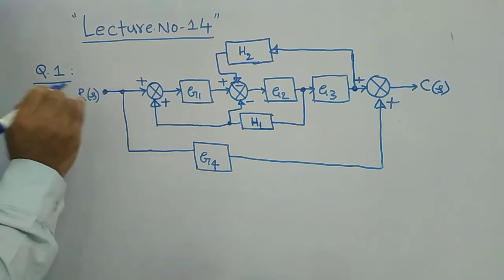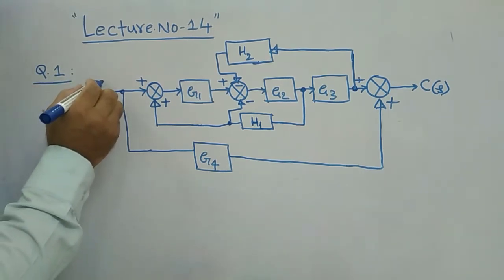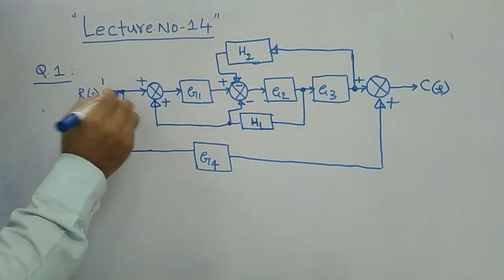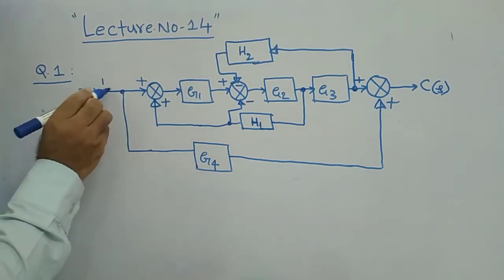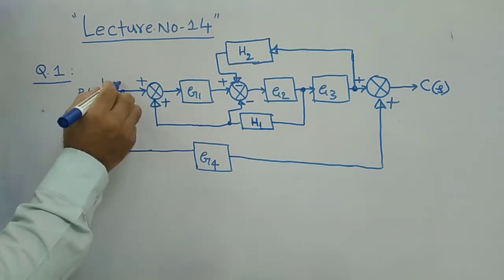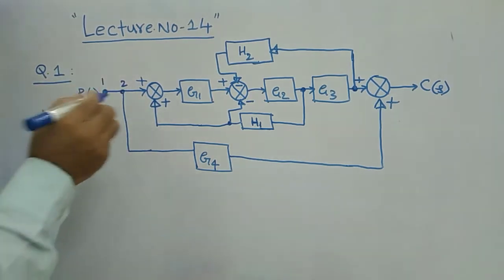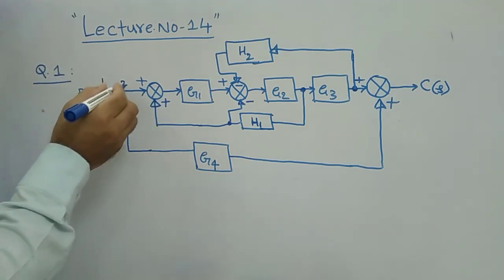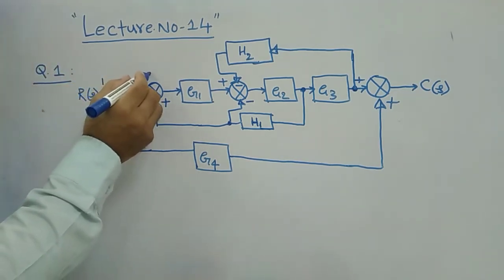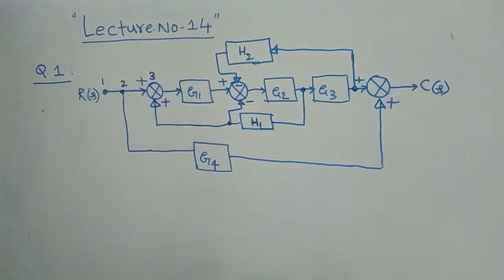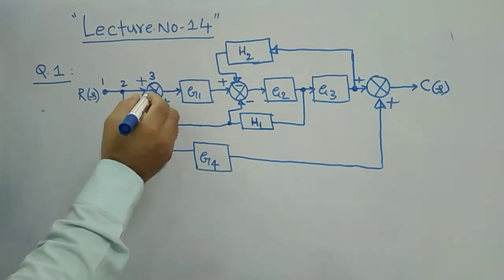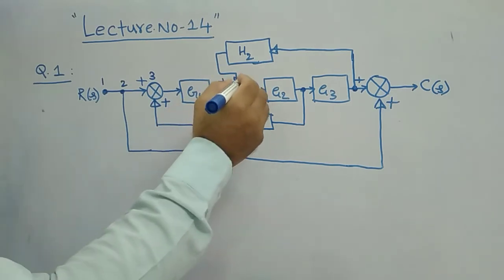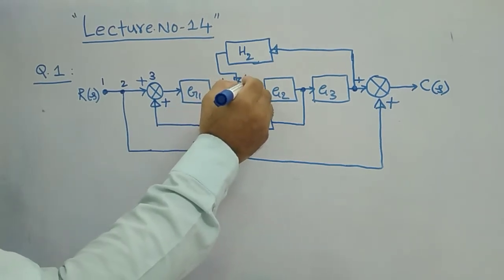Start from the input. You consider R of S as one node, the starting node, that is node number 1. Next, immediately after input R of S, there is a takeoff point, consider that as node 2. After this takeoff point there is a summing point, consider this as the third node. After this summing point, again a summing point is there, consider this as the fourth node.